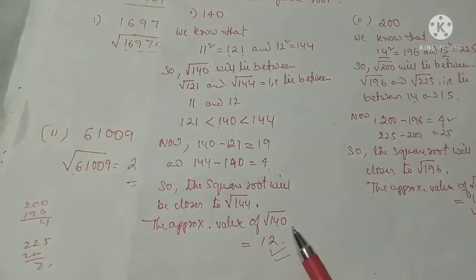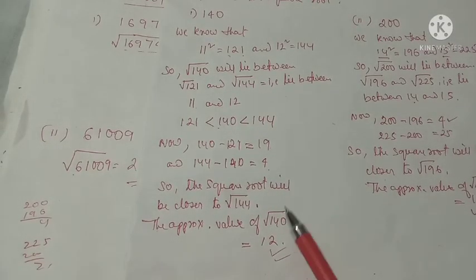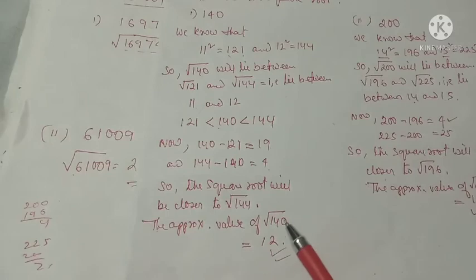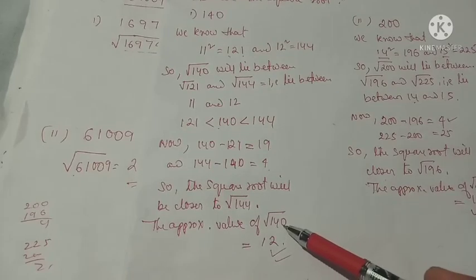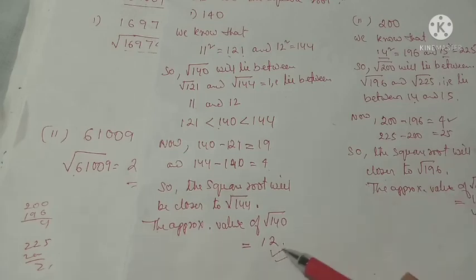So 12 squared is only four less than 144, and 140 lies nearly at 144. The square root of 140 will be nearly 12. This number is not the exact square root of 140, it is an approximate value. In this way we can find the estimated square root of the given number.